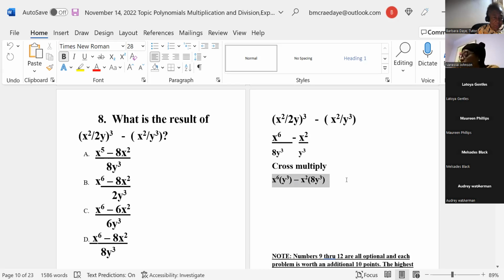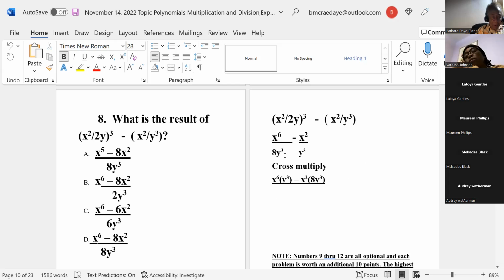Now, Latoya, what goes in the denominator here? 8y to the third, times what?